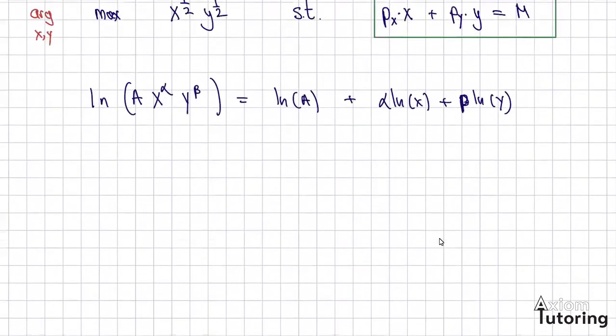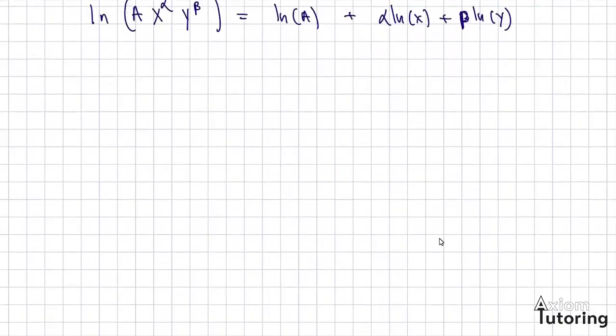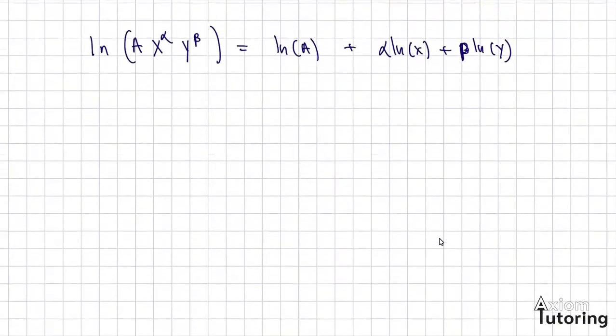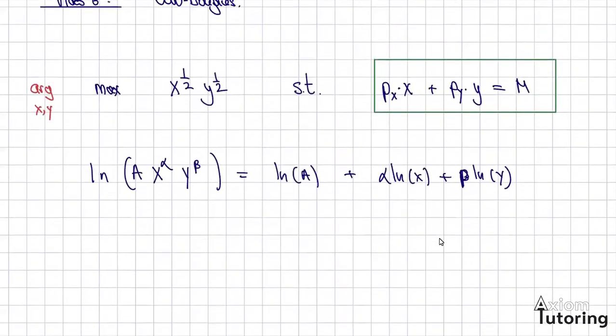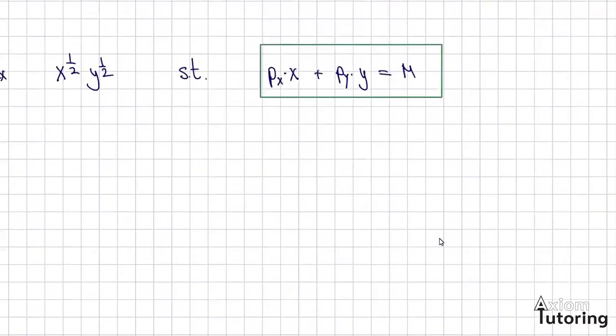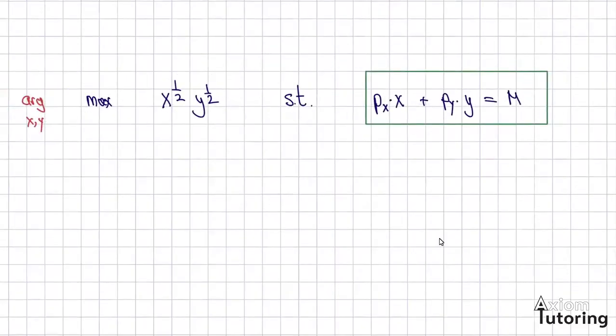Cobb-Douglas is one of the most widely used functional forms in economics. Let me give you the most general Cobb-Douglas form that you could see: x to the power of alpha, y to the power of beta, and we'll have some general prices px and py.